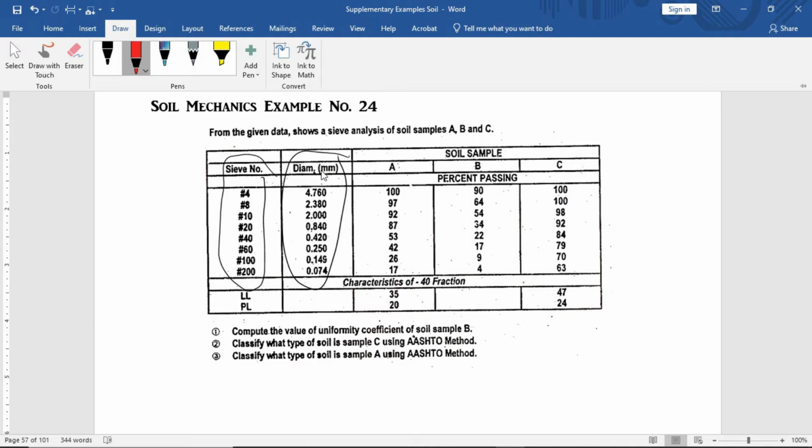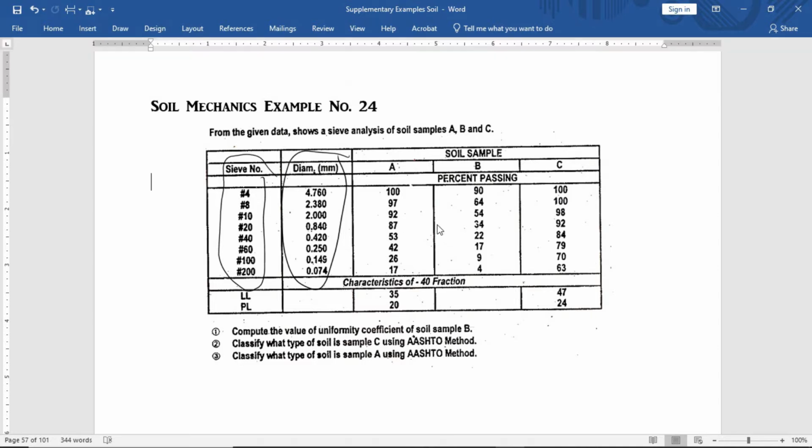Given rin yung mga percent passing for A, for B, and for C. Meron tayong LL tsaka PL for A, wala sa B, pero meron sa C.